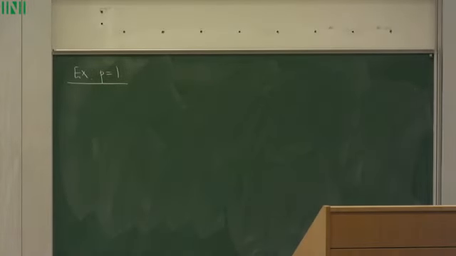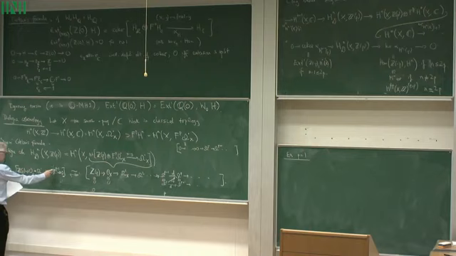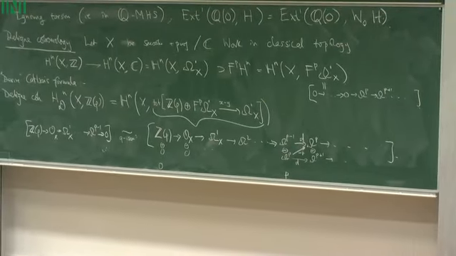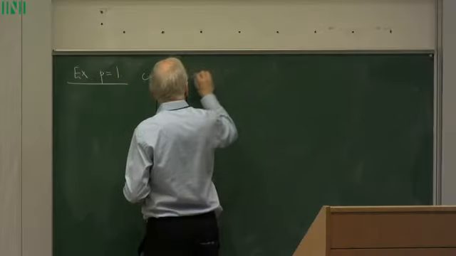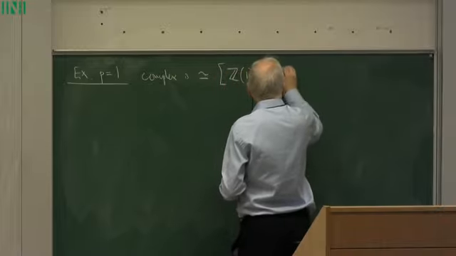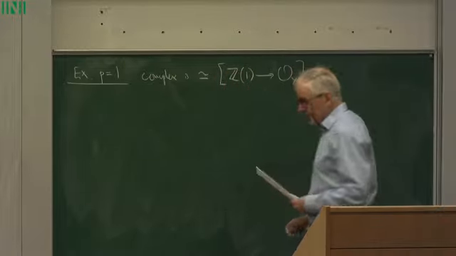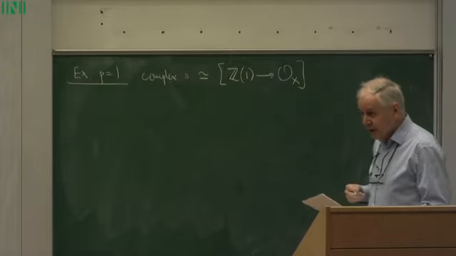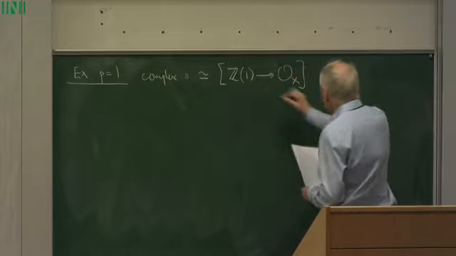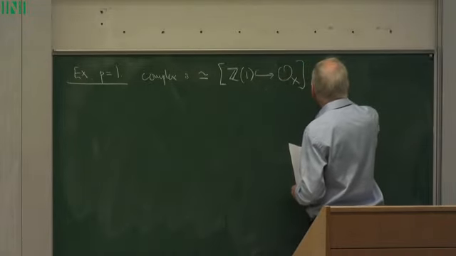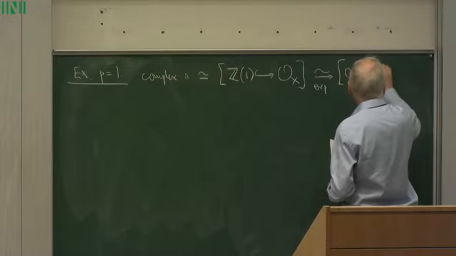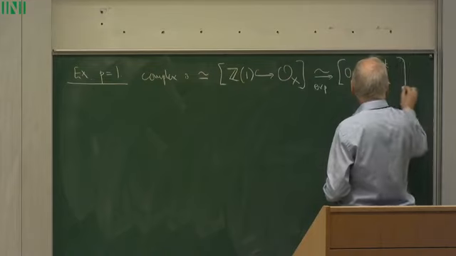Well, then this complex here, okay, so we've just got, we stop at, the complex is just always quasi-isomorphic to the complex Z(1) mapping to OX, and this is just the inclusion map, and so this is just isomorphic by exponential to the complex which is OX star in degree 1.